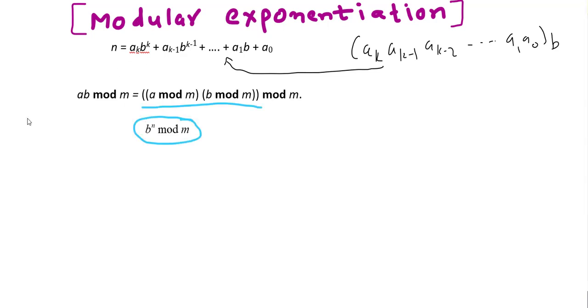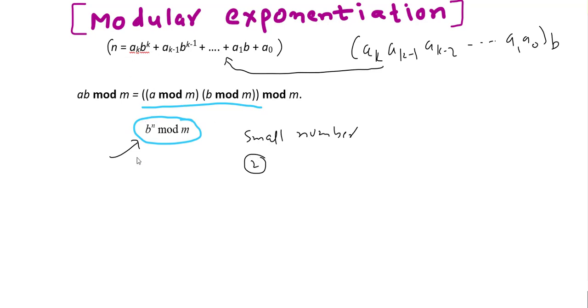So if we have to calculate the value of this expression, b raised to the power n mod m, and we have to calculate it efficiently, we can do it by using small numbers such as 2. Just like we had a base b here, which represented any general base, similarly here we'll have a base of 2.